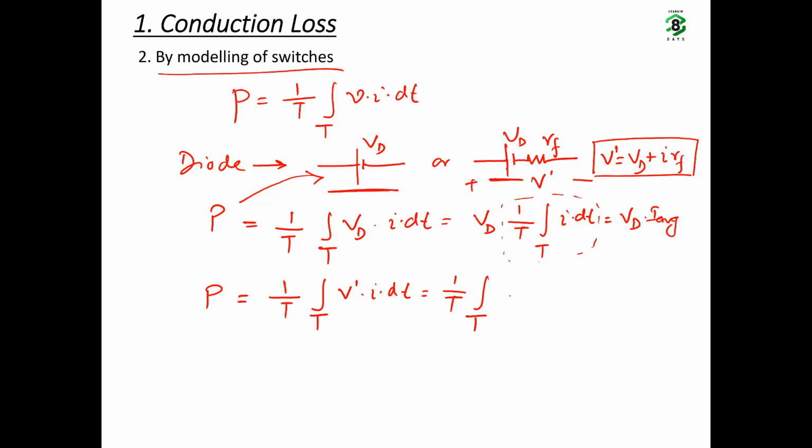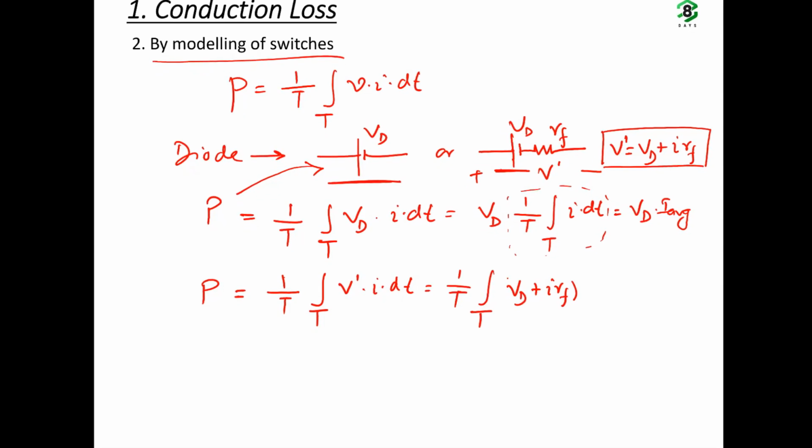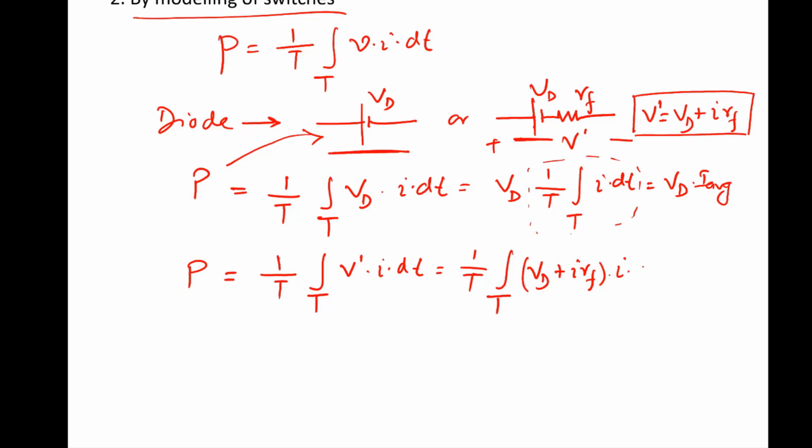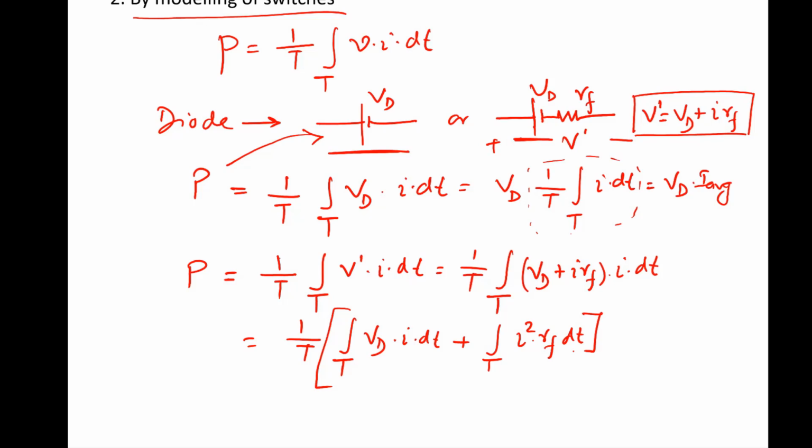1 by T integration over T of Vd plus I into Rf into I into dt. So this equation is Vd into I dt plus integration over T of I square Rf dt.